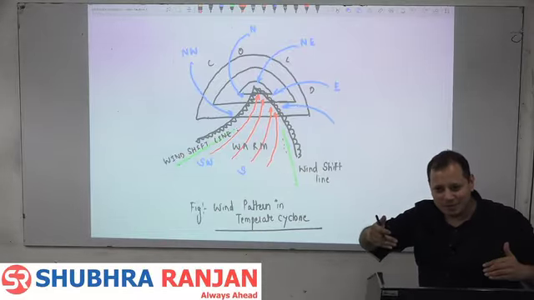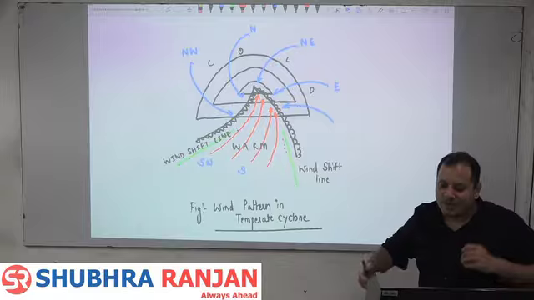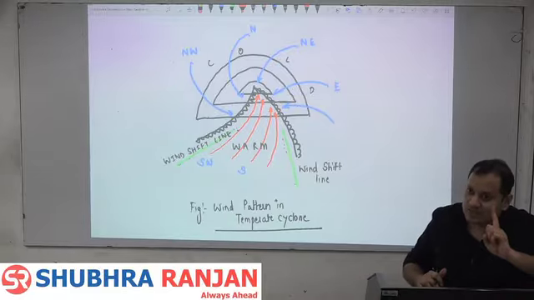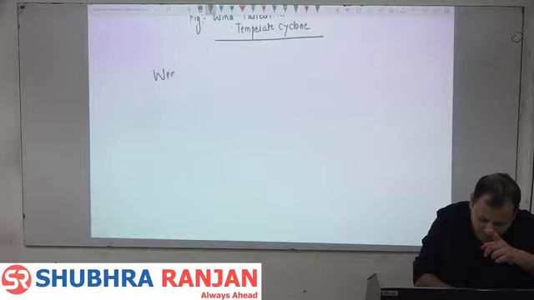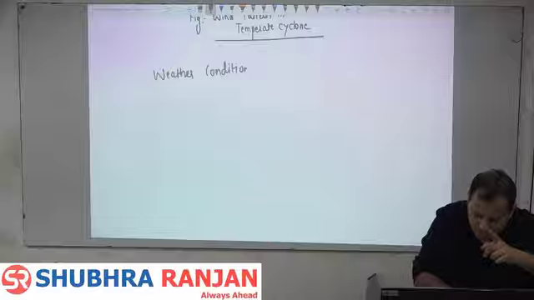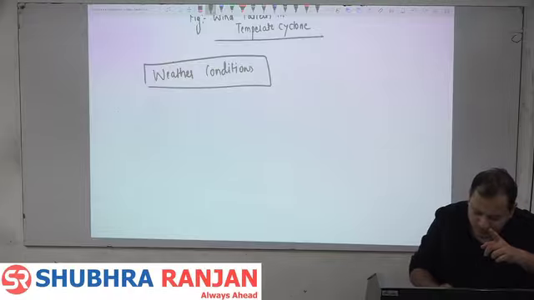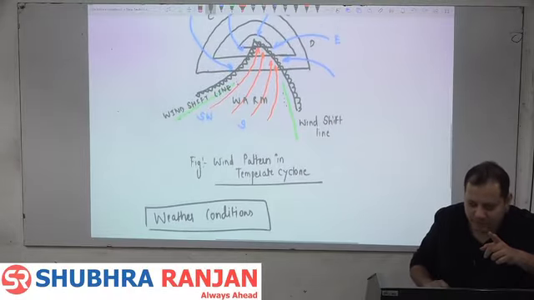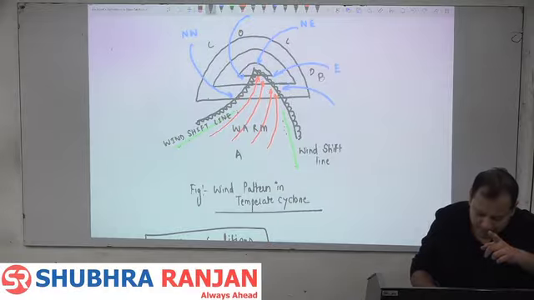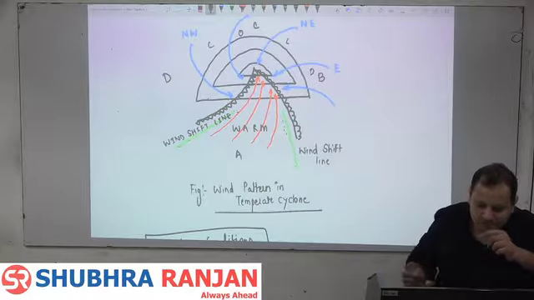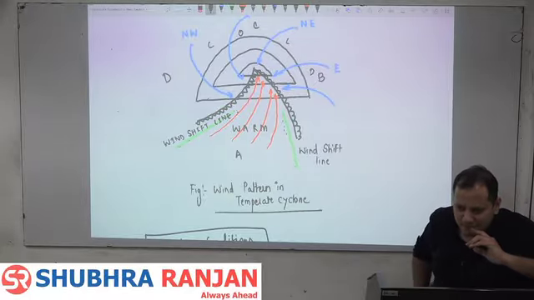This rainfall is known as western disturbances. Cold front precipitation, warm front precipitation. And which can be asked as a separate question: they had given you a diagram and marked it A, B, C and D, and asked which part is having the higher temperature. A very simple question.